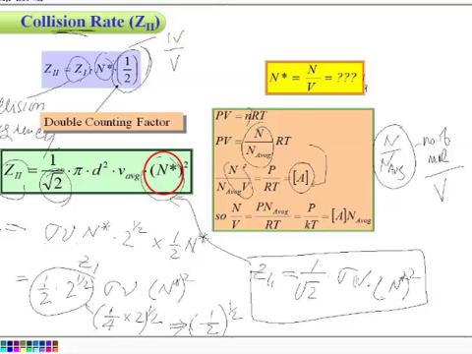So N per V over here is equal to A times the Avogadro number. See?